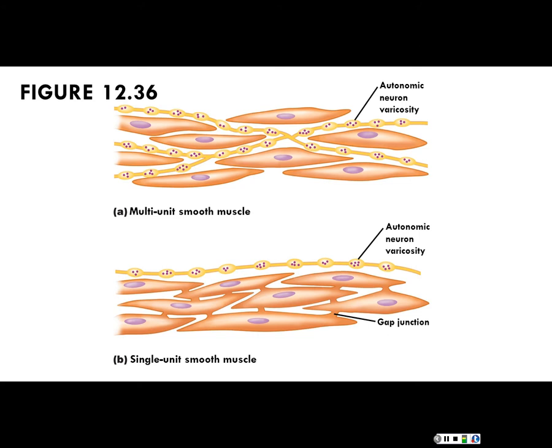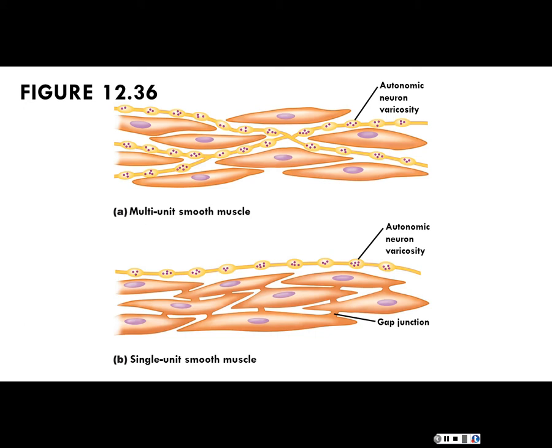Turn to figure 12.36. This should look familiar from your handout, taken straight from there, putting a visual comparison between our multi-unit and our single-unit cells. To review, we studied last time that our multi-unit smooth muscle cells are strictly dependent on extrinsic control from the autonomic nervous system.